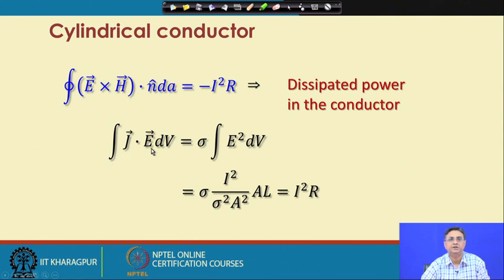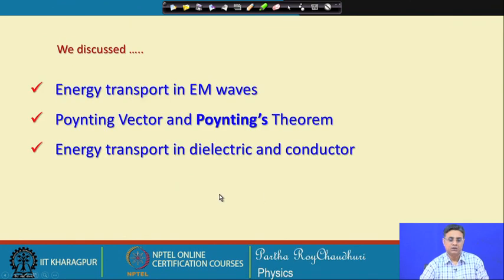J dot E dV will be equal to sigma E squared dV. This quantity is the loss, equal to sigma times the integration of E squared dV. If I substitute for E squared, we again end up with the same value, I squared R. That means the energy which is flowing out is equal to the dissipation in the conductor which is carrying a current I.